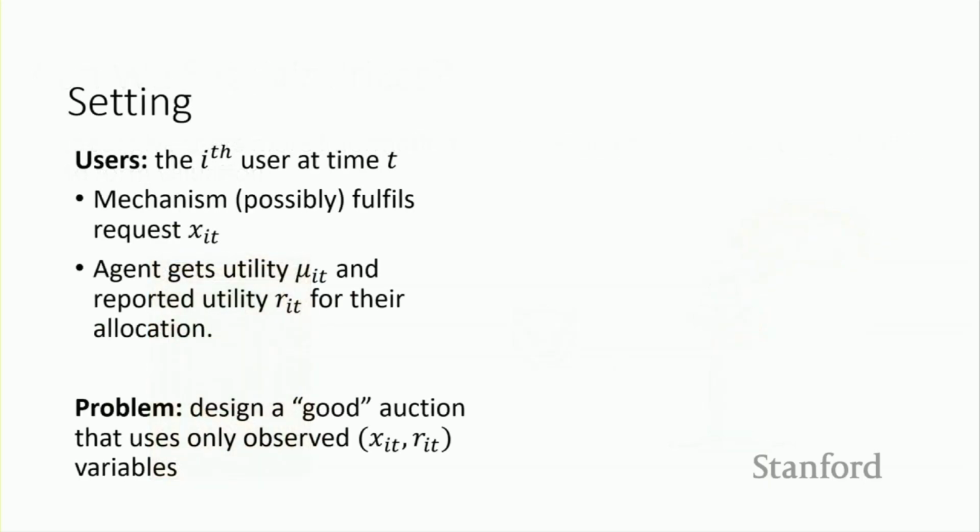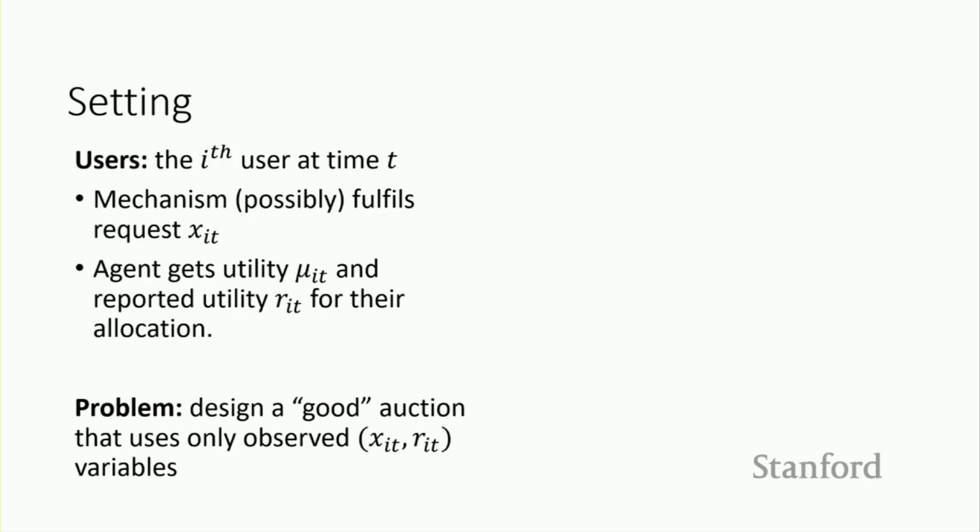And so the setting, more formally, is that we have a set of users. We have the ith user at time t. There exists a mechanism that will choose to fulfill or not fulfill a request that comes in. So this is request X for the ith user at time t. The agents get some true utility μ_it, and reported utility r_it, for the allocation, so whether or not the request is actually completed.